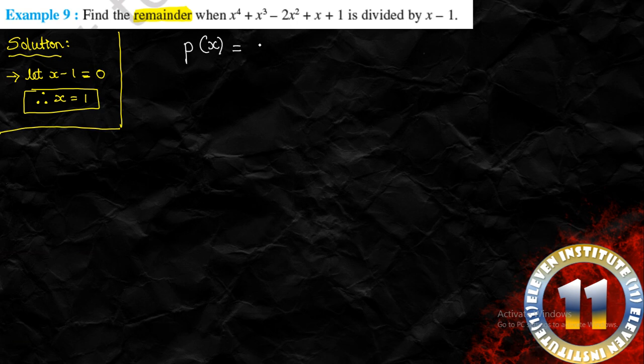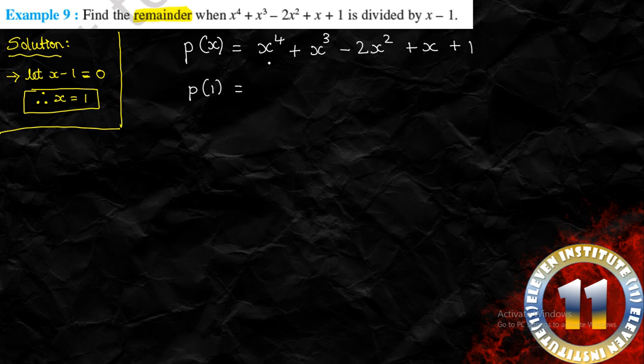P of x is equal to x raised to 4 plus x cube minus 2x square plus x plus 1. This is the polynomial given to us. Now instead of x we will put 1. On solving we will get the remainder.